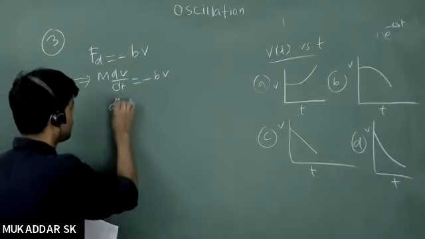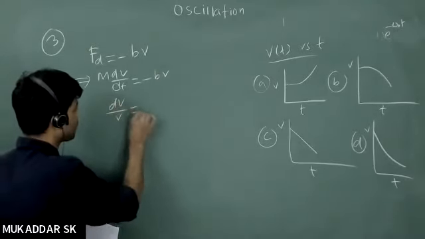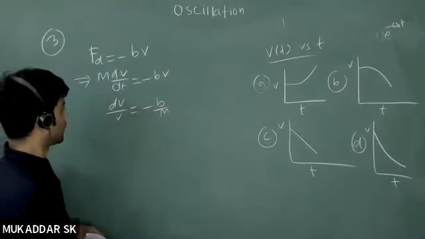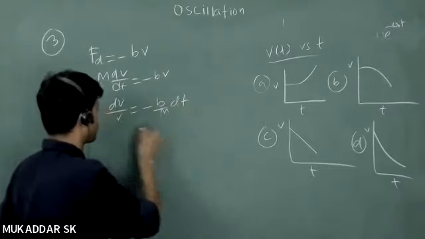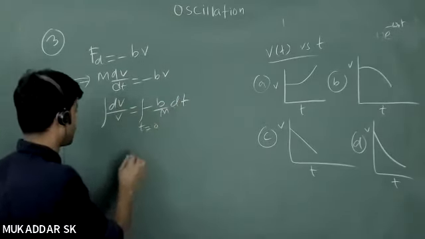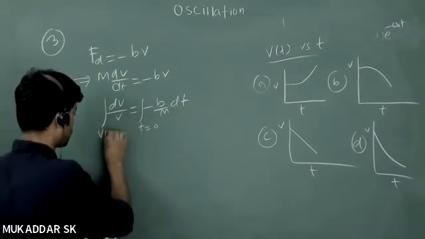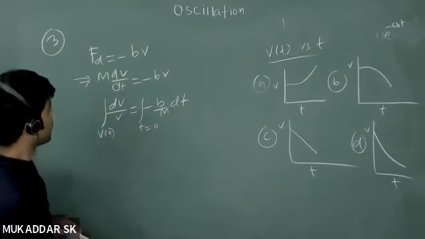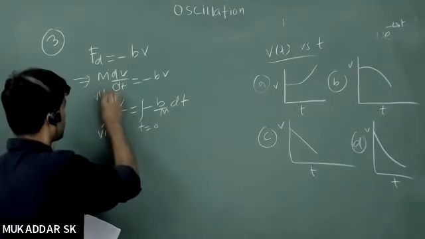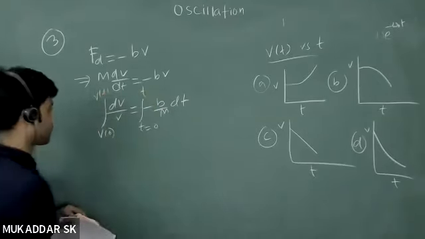So it means dv by v equals minus b by m into dt. Now if we integrate, at time t equals 0 its velocity is v naught, and at time t equals t, velocity is v_t.